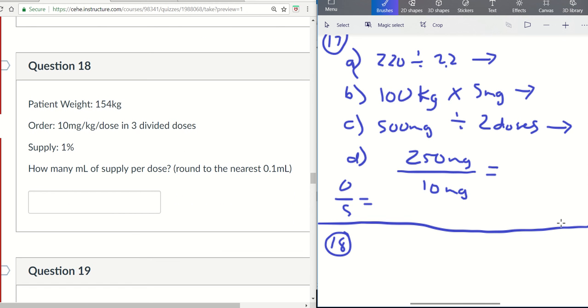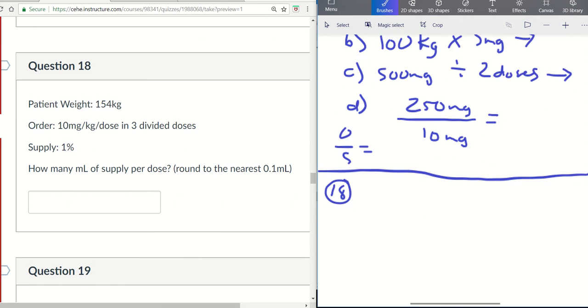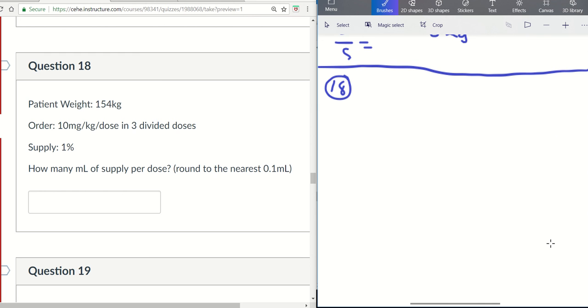18, the only difference is the percent strength. This time it is in percentage or ratio. So for us it's easy. 1% yields 1 gram per 100 mLs. So whatever percentage you have is that number of grams per 100 mLs.